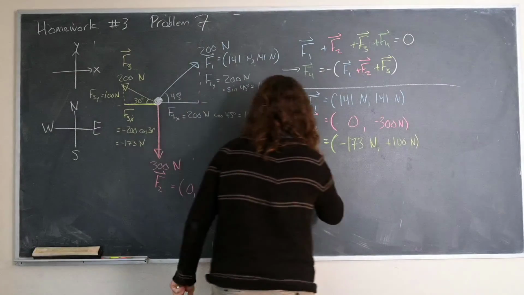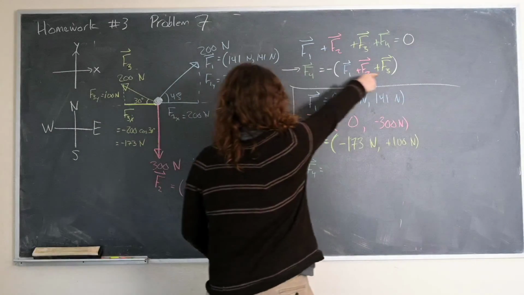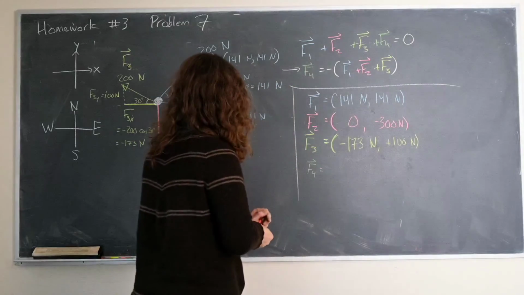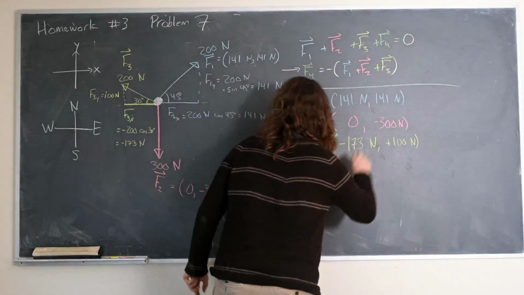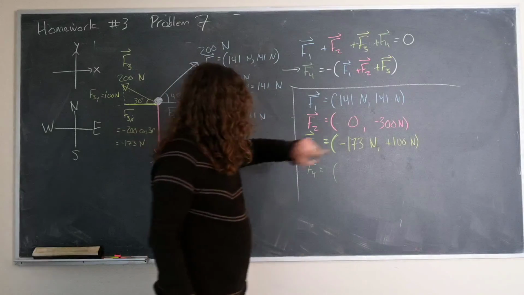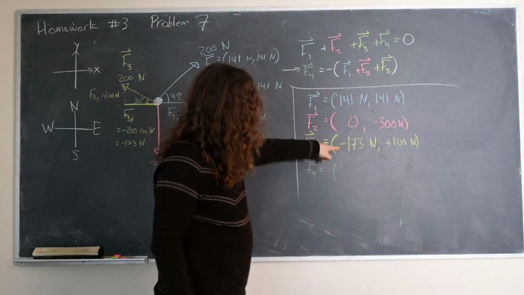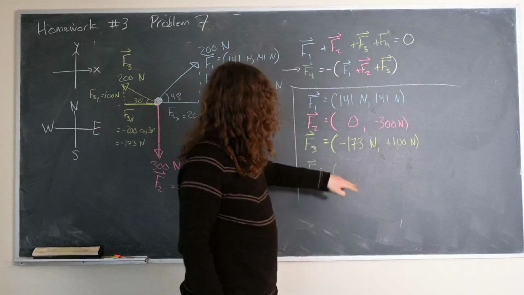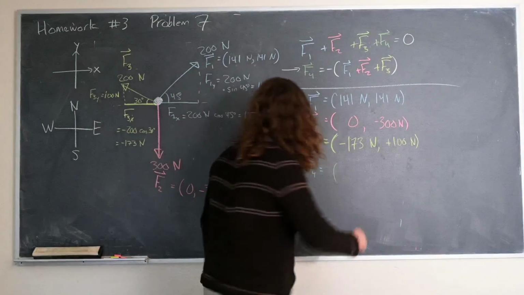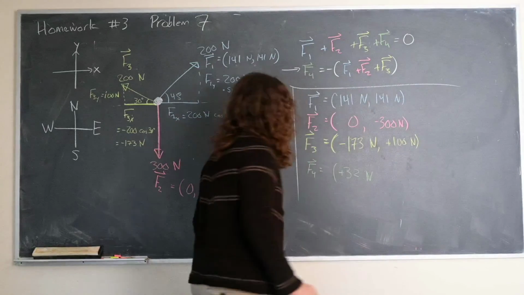So F4 then is negative the sum of those. So I'm just going to add them up. So let's see, I have 141 minus 173. This would give me minus 32, but I take the negative, so it's plus 32 newtons.